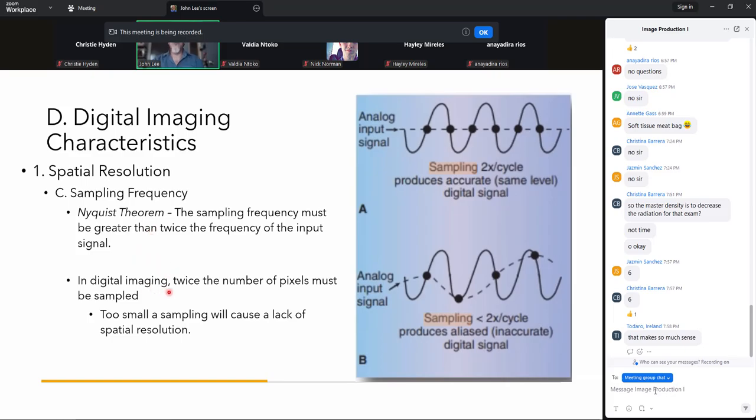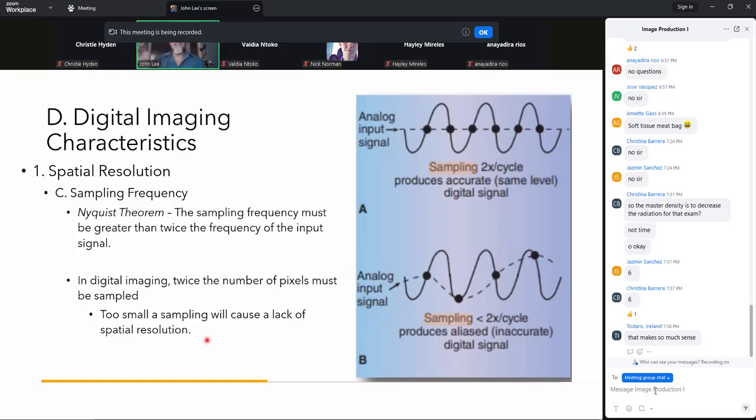If we don't, then we end up with the analog input signal peaking out at a specific area or a different area as opposed to along the same line of the signal coming in.